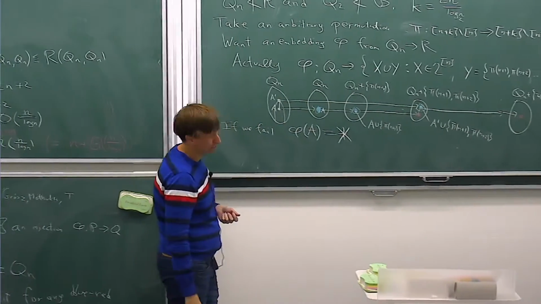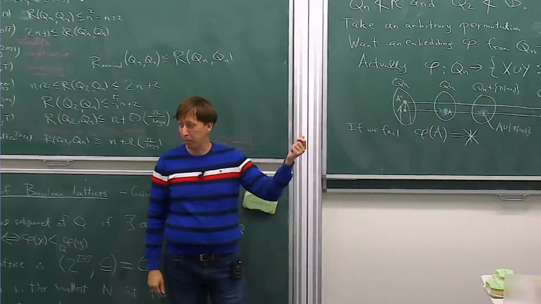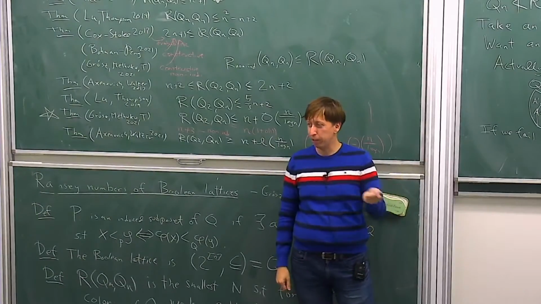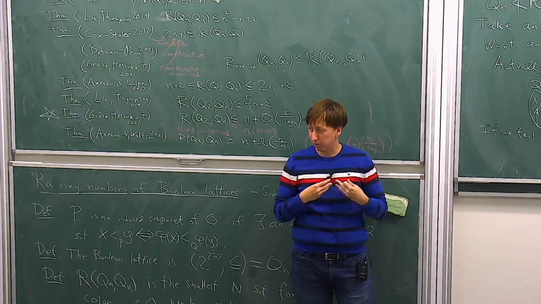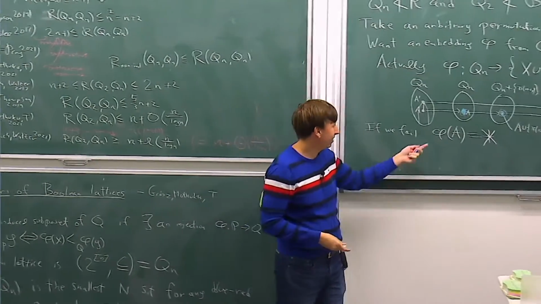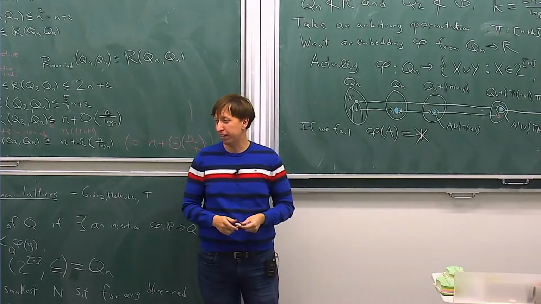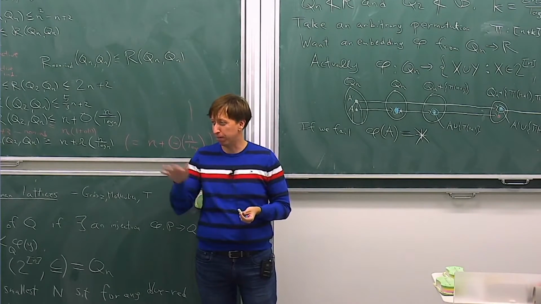So if it takes me 5 steps to embed a particular A, then I've generated in some sense a blue chain of length 5. So if I fail, in this case, I generate a blue chain of length k plus 1 because I failed all the way.